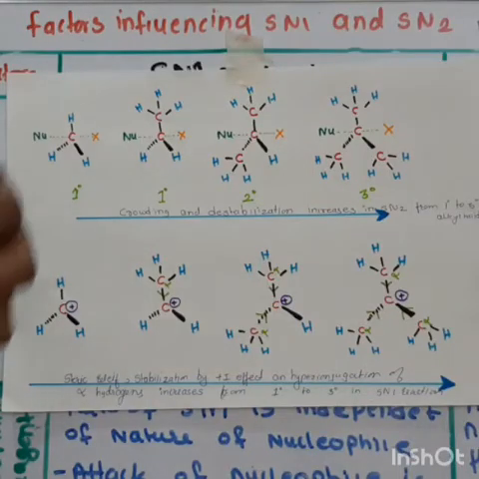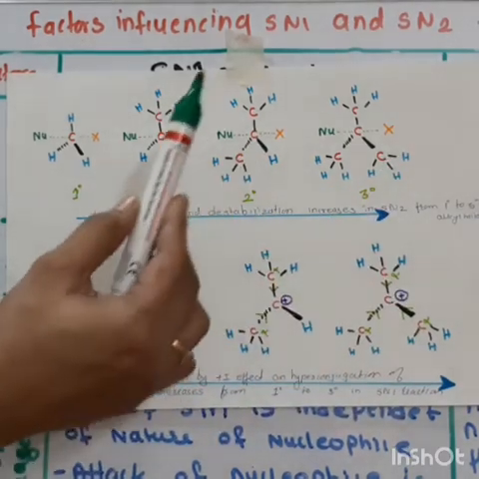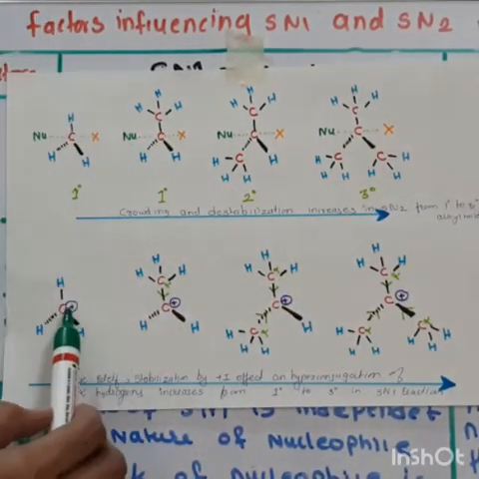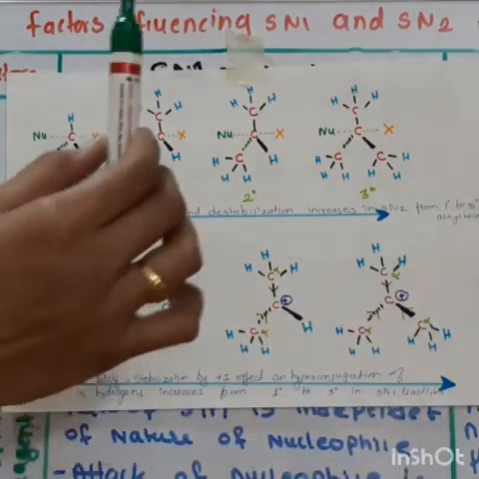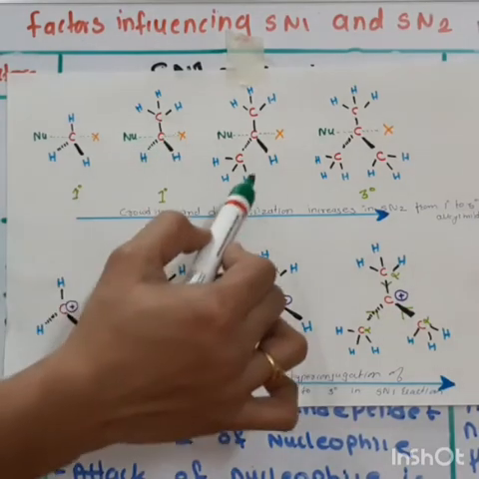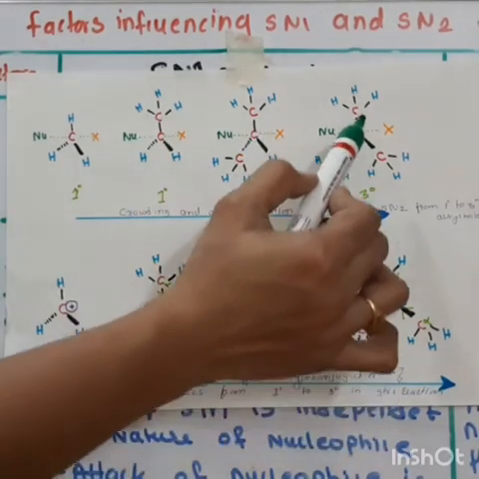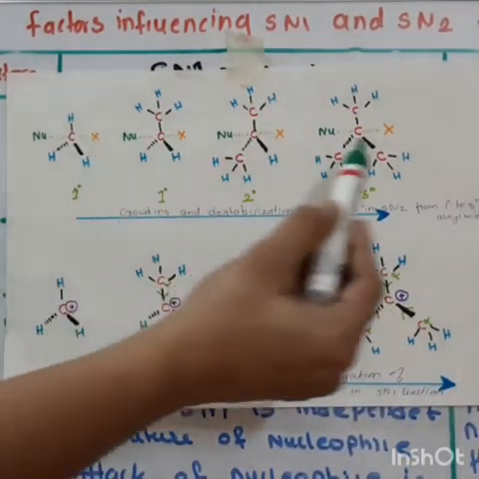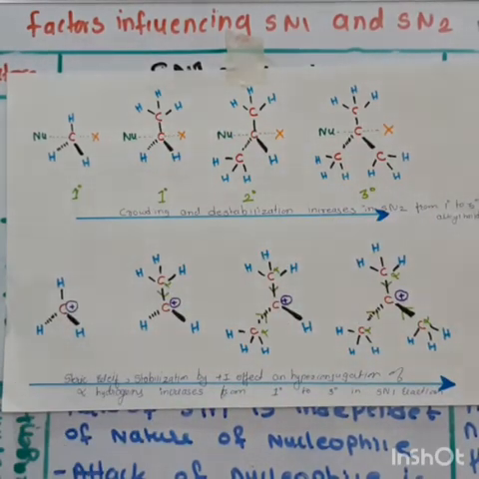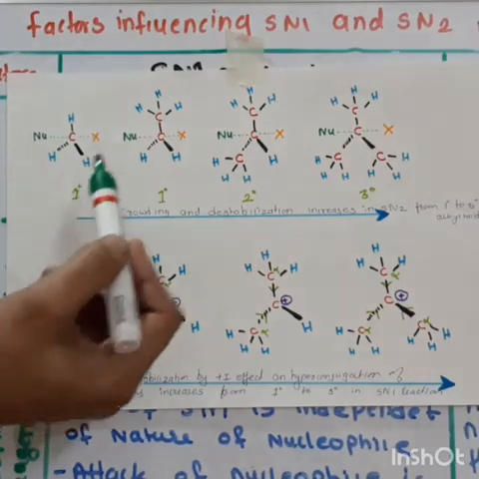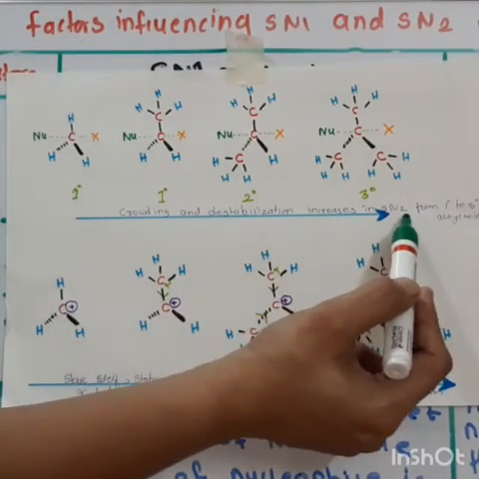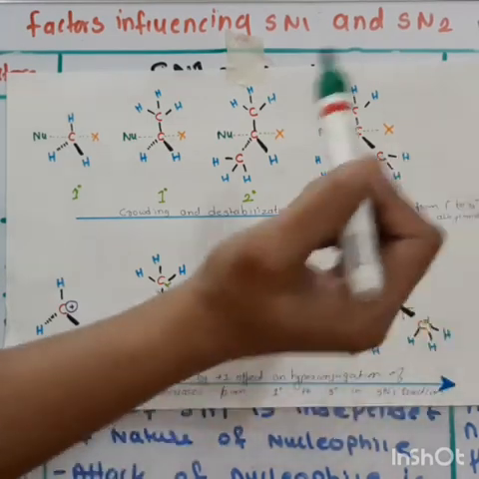This can be easily shown in these diagrams, that these are the pentacoordinate transition states and these are the carbocations. So primary pentacoordinate carbon, secondary pentacoordinate carbon, and tertiary pentacoordinate carbon. These are the 3 primary, secondary and tertiary pentacoordinate carbons. So in this, crowding and destabilization increases in SN2 from primary to tertiary.